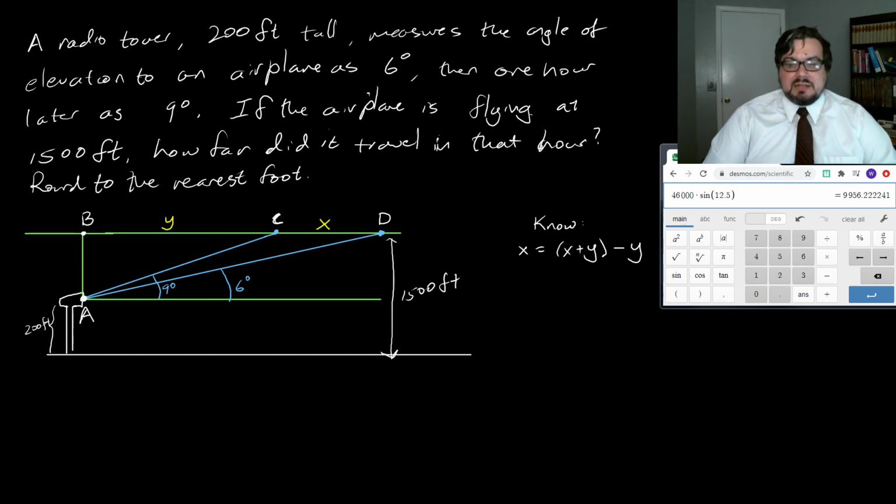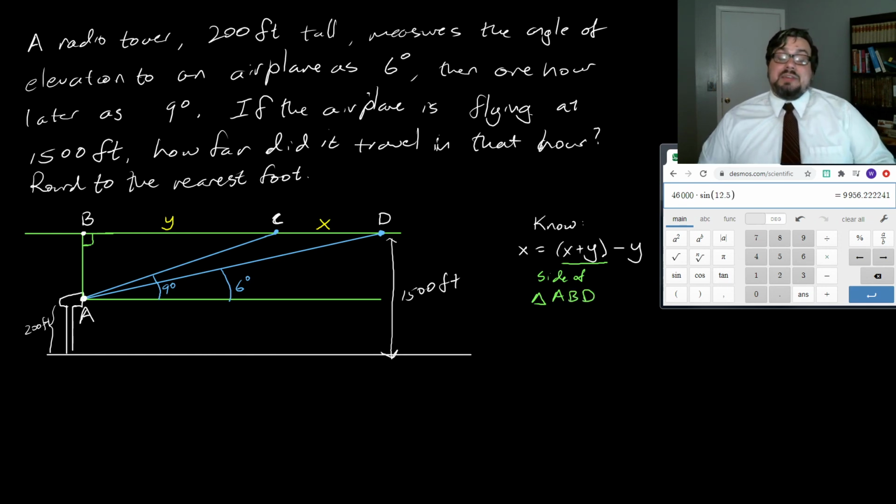It's relevant because x plus y is the distance from B to D. That is the side of a right triangle. It's a side of triangle ABD. And ABD is a right triangle, so we have techniques that we can use to approach it. Also, we have some information about its angles that we'll get to in a second.